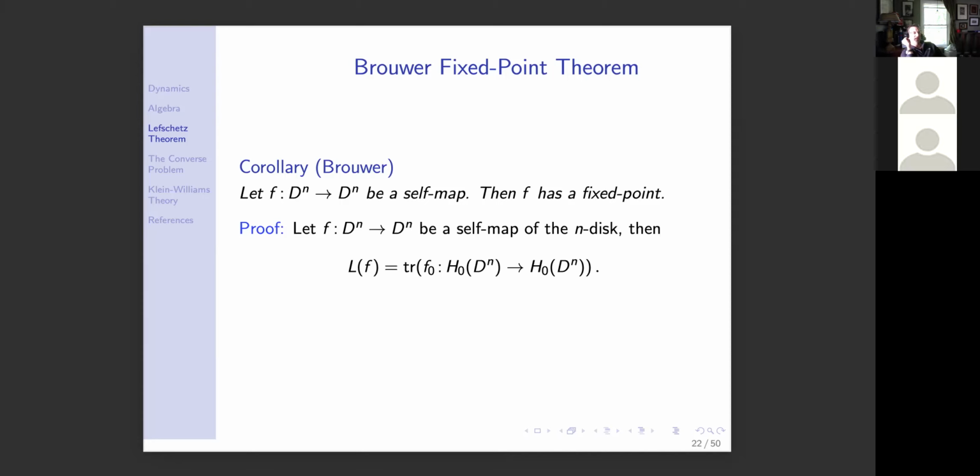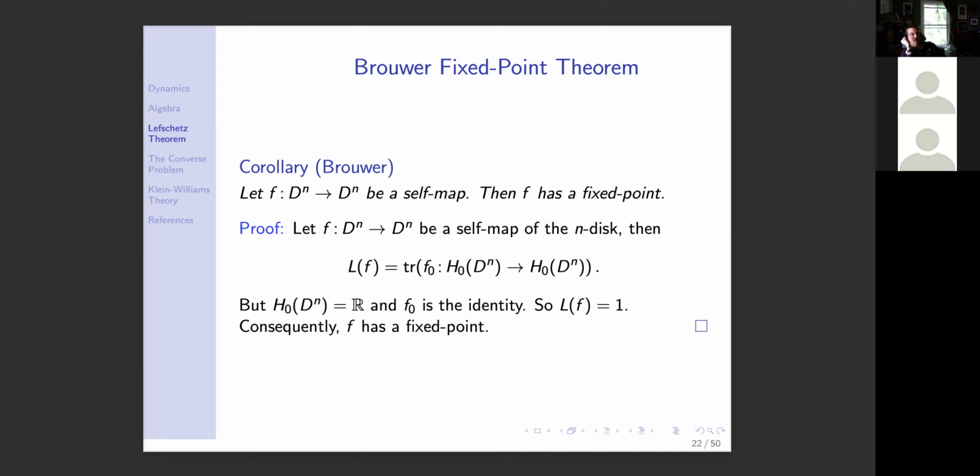So the Lefschetz number is the trace of the homology map in degree 0. It's elementary to check that F0 is the identity, and H0 of the n disk, because the n disk is connected, is just the real numbers. Therefore, the Lefschetz trace is 1, and therefore there must be a fixed point. That's the Brouwer fixed point theorem, a corollary of the Lefschetz fixed point theorem.